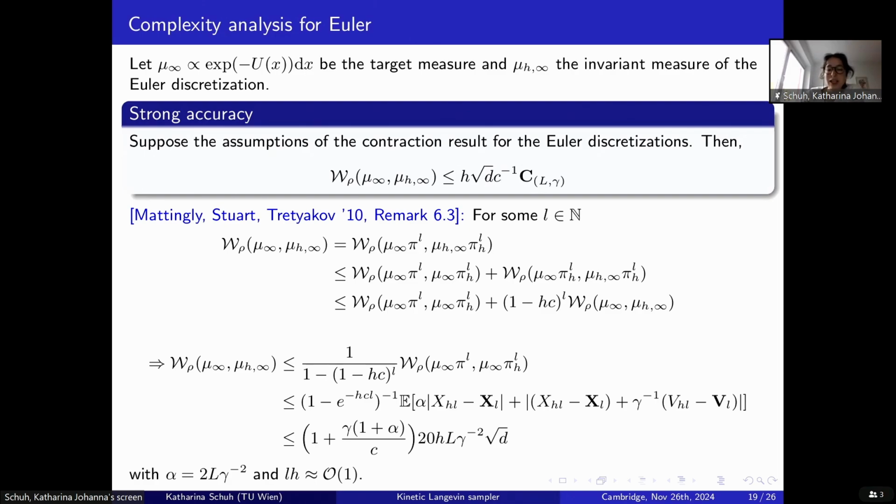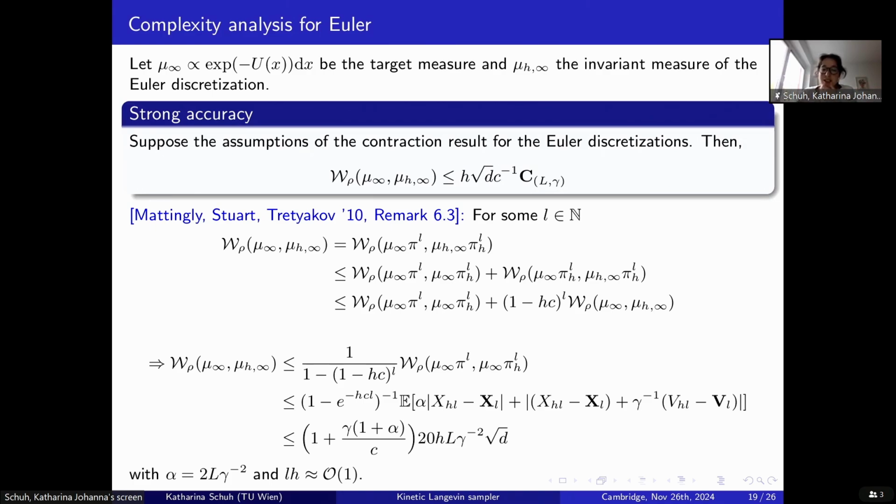which gives us this expression here. And this Wasserstein distance of the two measures, both starting in mu infinity and now doing either the discretized or the continuous dynamics, we can bound by the expectation of the processes doing either the continuous or the discretized dynamics.